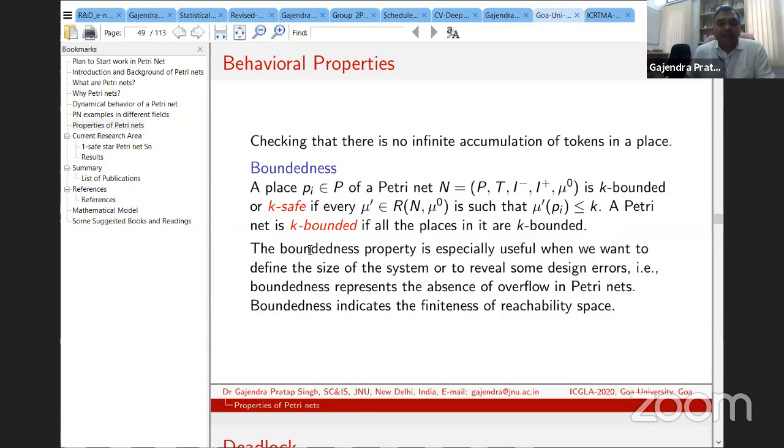That means a Petri net is k-bounded if all the places in it are k-bounded. Generally the boundedness property is useful when we want to define the size of a system or the absence of overflow. If you want to show the absence of overflow, we can use the boundedness property.